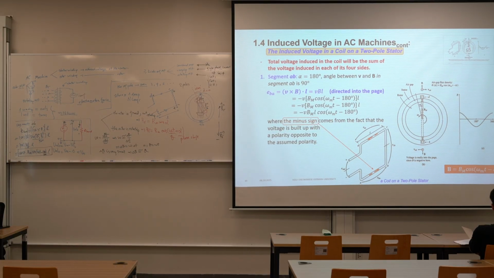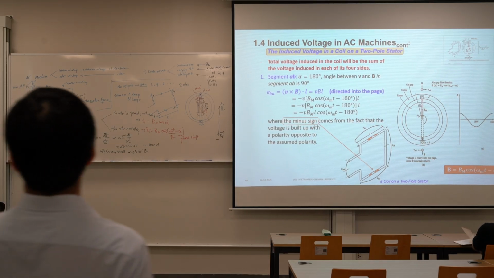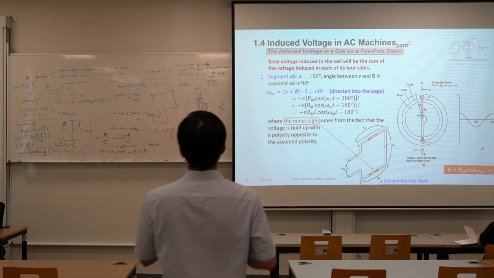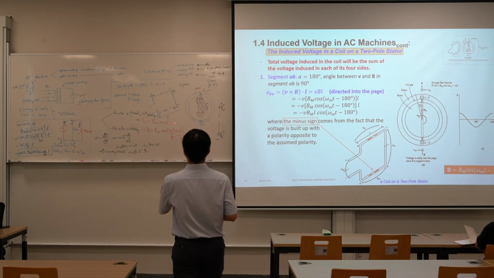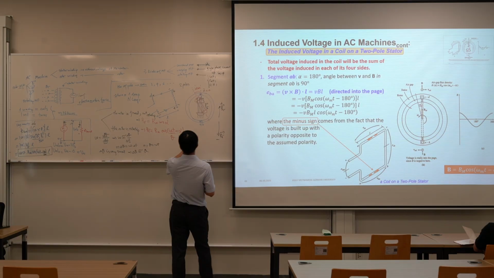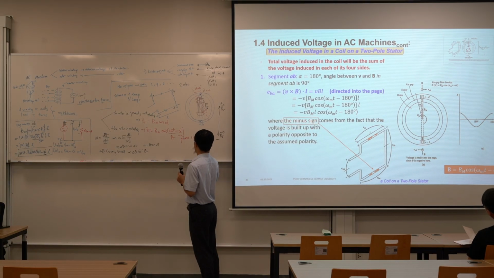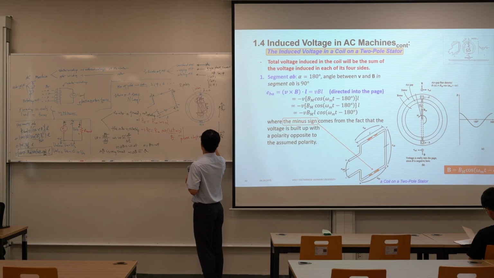Any questions? We could modify some minus here, but we shouldn't do that because we apply the general formula here, where alpha is the phase shift of the rotor position.